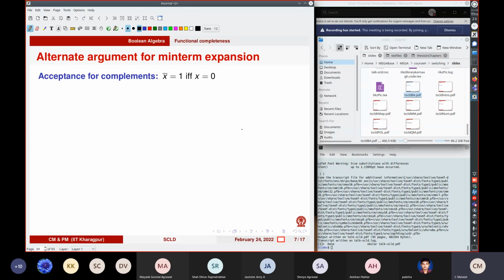So let us just look at this min term expansion. Last time we said that the min term expansion of a function is unique.